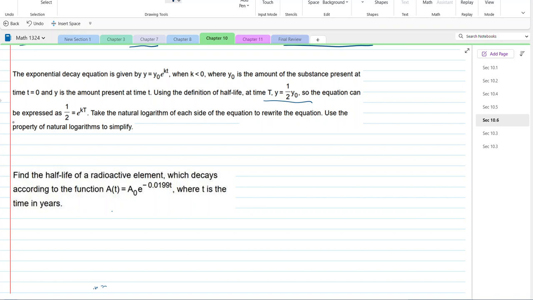So the equation can be represented as 1/2 equals e to the kT. Taking the natural log on each side, we write it using a natural property of logarithms. All right, so I got this out of the textbook, and hopefully you can see where e to the kT, capital T, comes in in the equation.